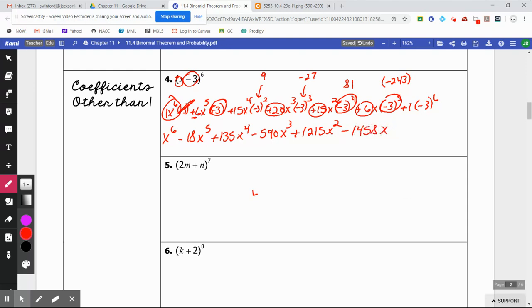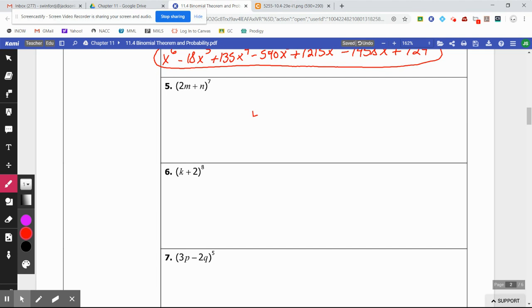And then finally, -3 to the 6th power gives me a +729. So with those problems, we have just one extra step, but the process is the exact same.